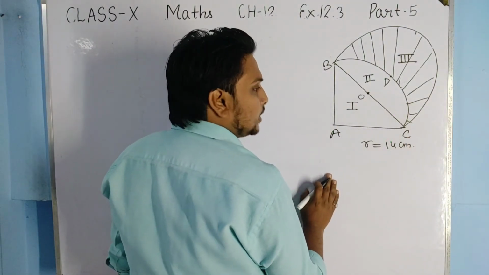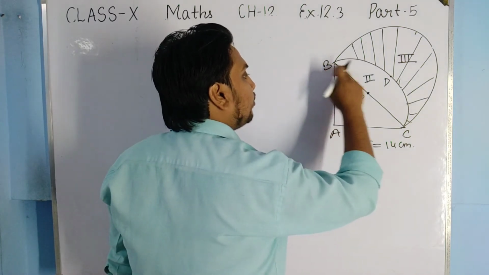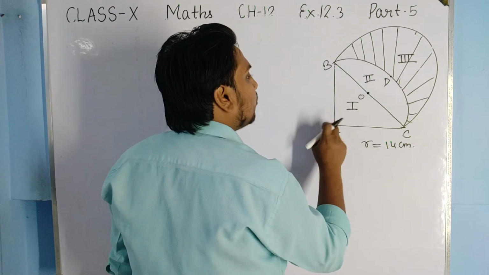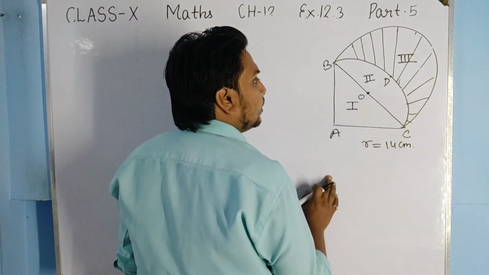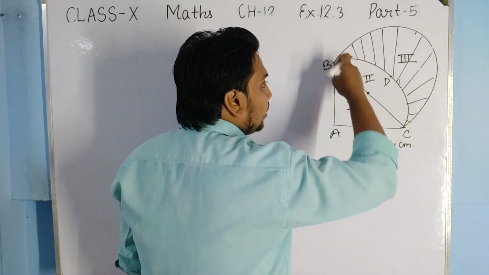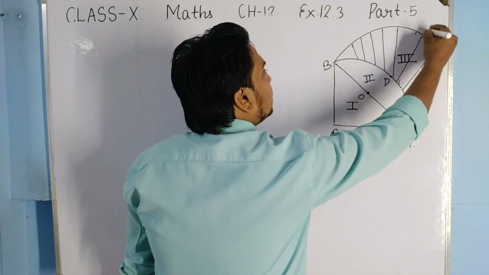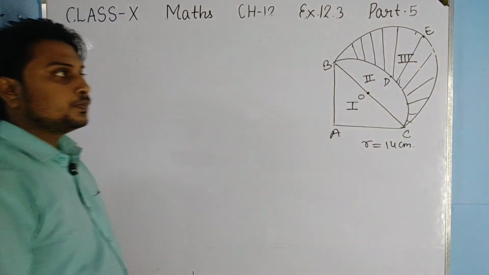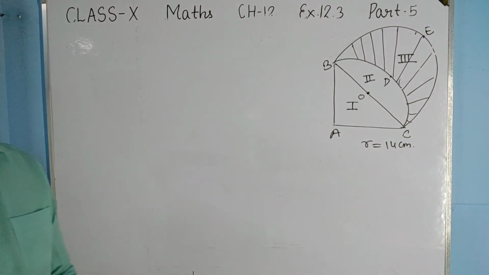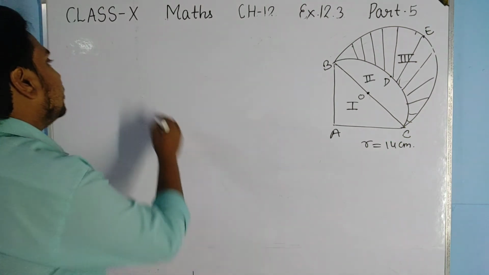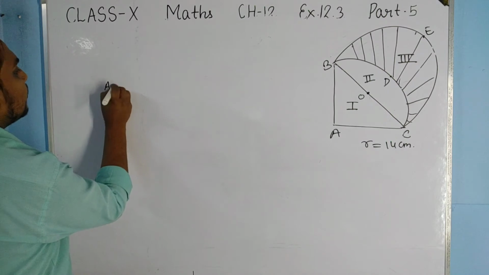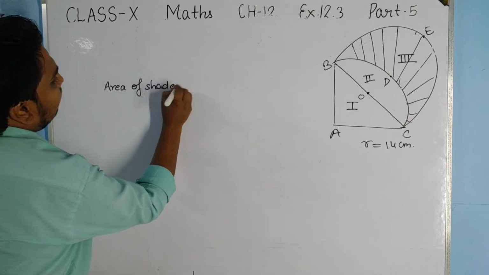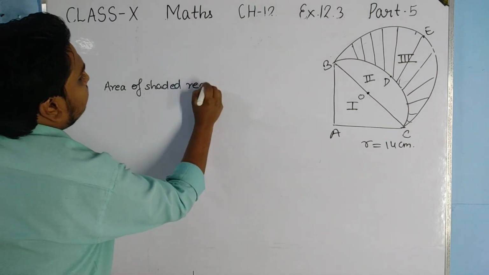The other one is sector ABDC, or you can say the quadrant ABDC. And the third one is BCE, suppose here it is E, that is the semicircle. We have to find the area of the shaded region.